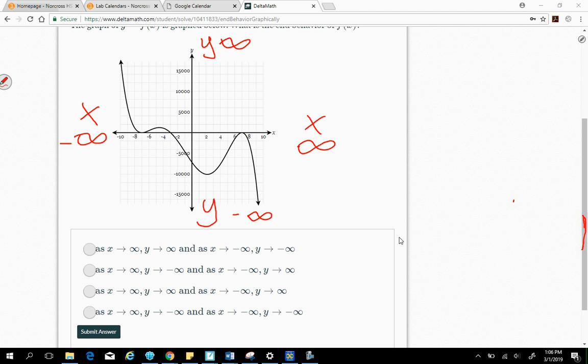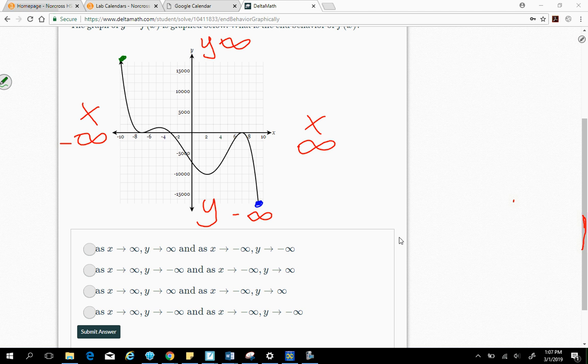Okay. So this says as x goes towards infinity, should I start my roller coaster at the blue dot or at the green dot? Green dot. I'm gonna start at my green dot and then roll all the way over. This is the way my roller coaster is heading because I'm headed towards infinity. Then where does it end up going?